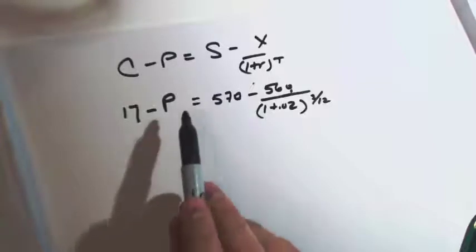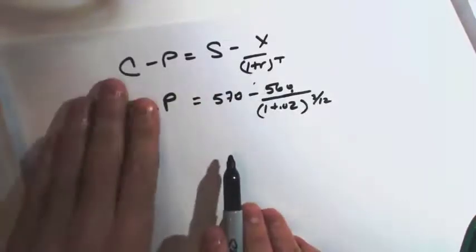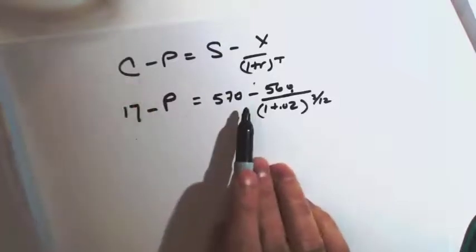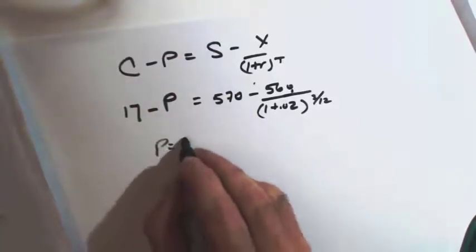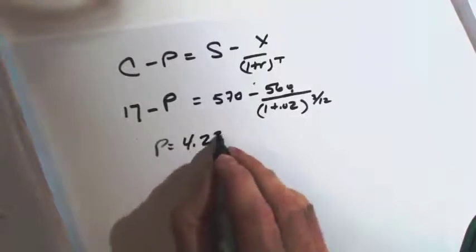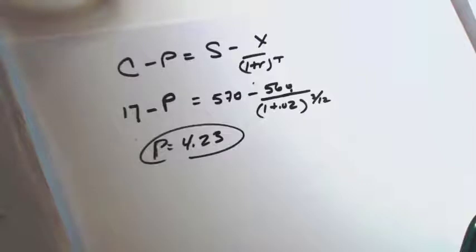And so the value of put-call parity is, even if you don't have the value of the put, you can back into it with this equation, one unknown. And the put here is worth $4.23 in this example.